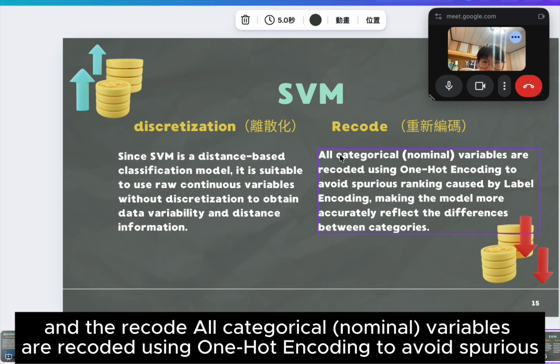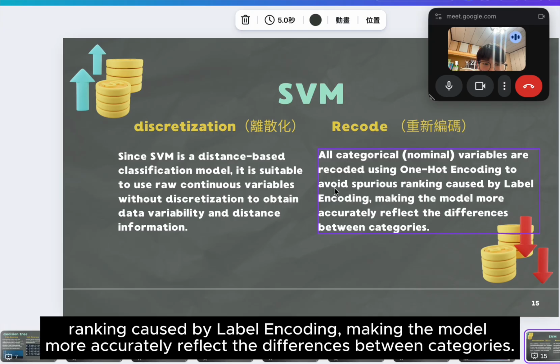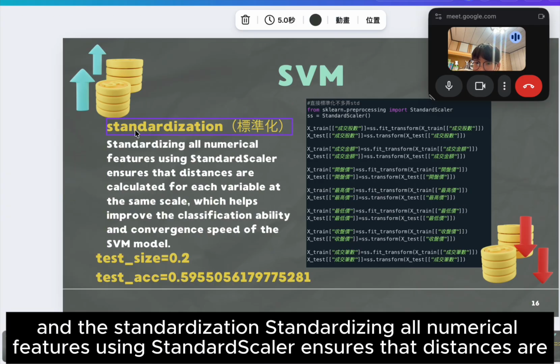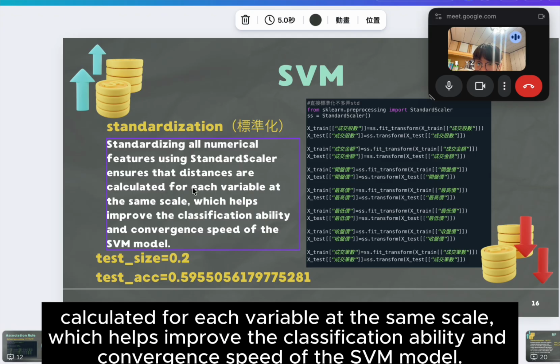And all categorical values are recorded using one-hot encoder to allow the model to be more essentially sensitive to the difference between categories. And standardization is applied to all numerical features, especially because differences are contained in each feature score, which helps improve the accuracy and complexity of the SVM model.